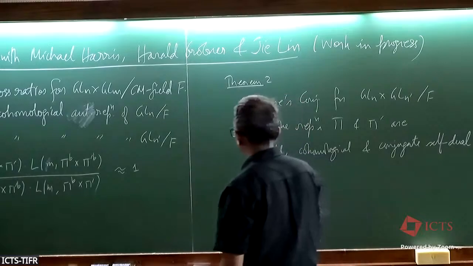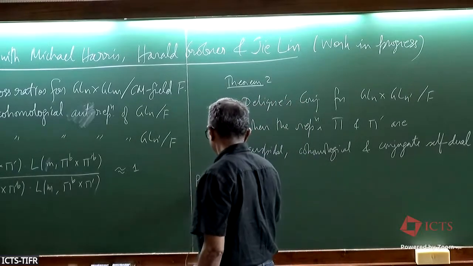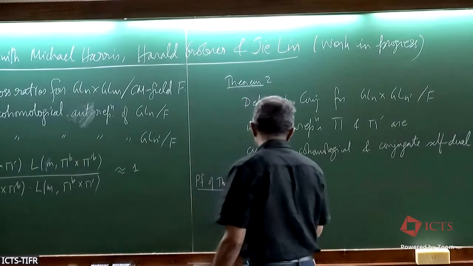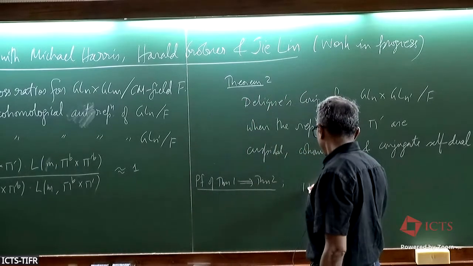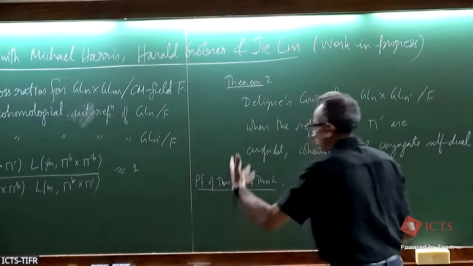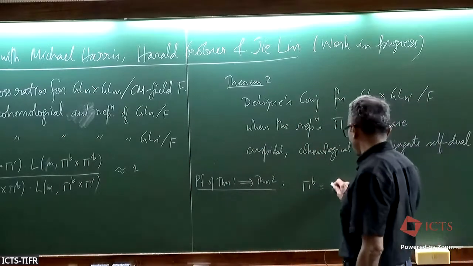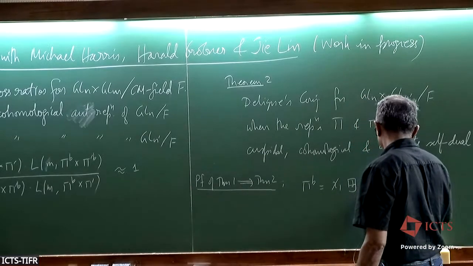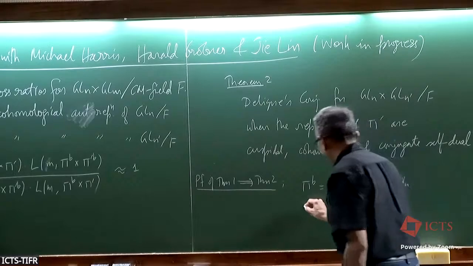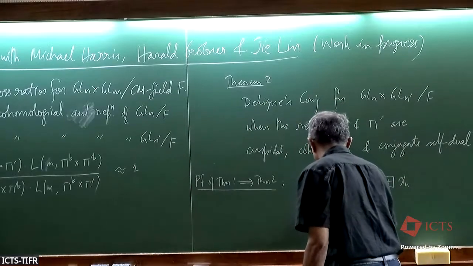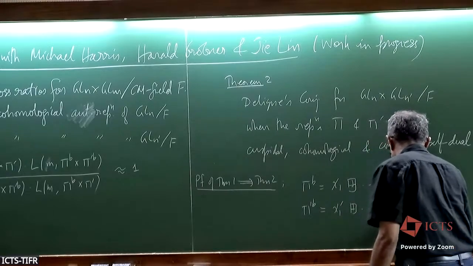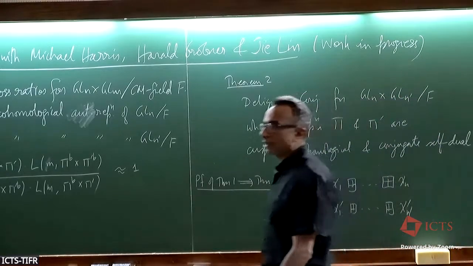So the proof of theorem 1 implies theorem 2 would be to take pi flat, which is something on GL_N, to be an n-fold sum of algebraic Hecke characters, and likewise pi prime flat to be a sum of algebraic Hecke characters.